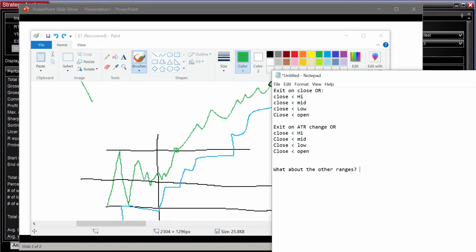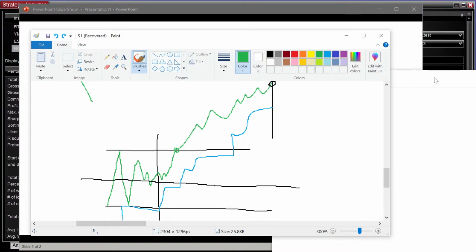And similarly, with the first variations we ran, the high did the worst, the mid did okay, but the low did by far the best. And so what does that tell us?